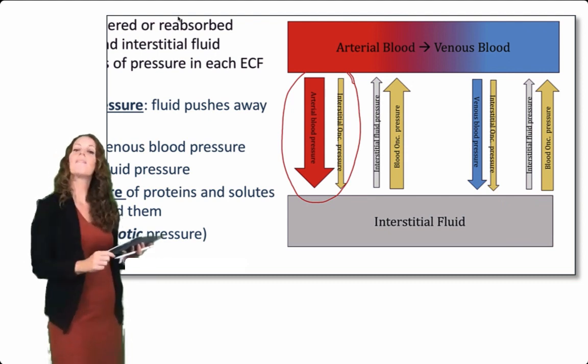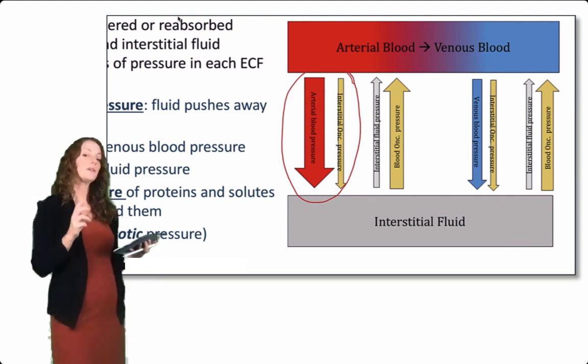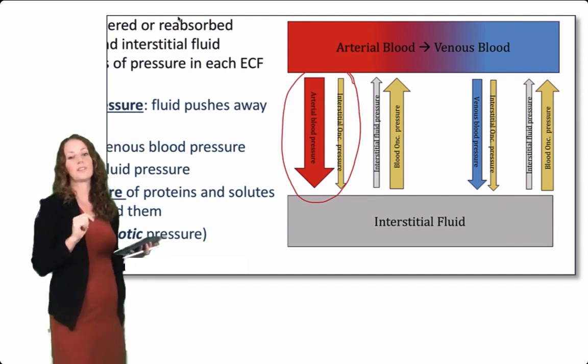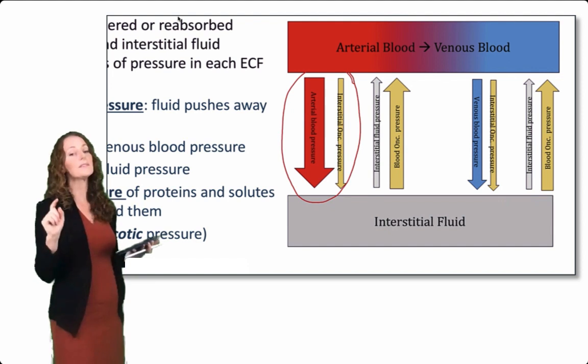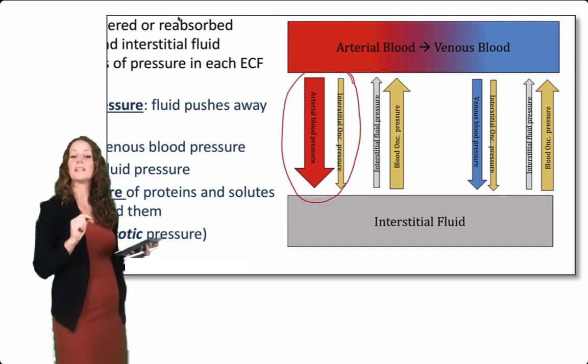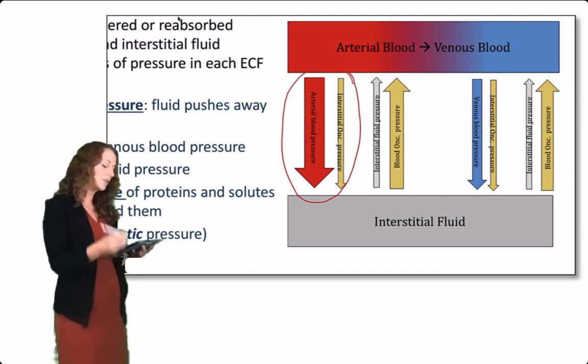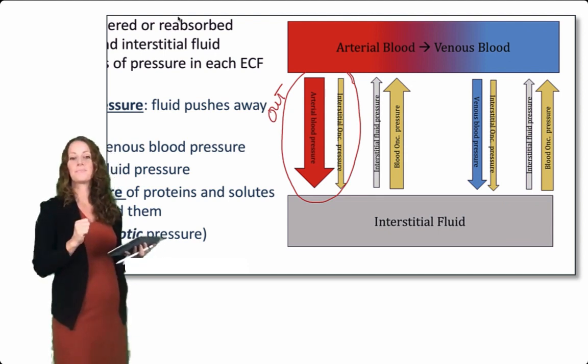So here we have outward pressures. Arterial blood pressure is a force pushing outwards. Oncotic pressure is also a force pushing outwards if there are plasma proteins within the interstitial fluid, because remember those solutes are going to draw fluid towards them. So here we have outward pressures on the arterial side.